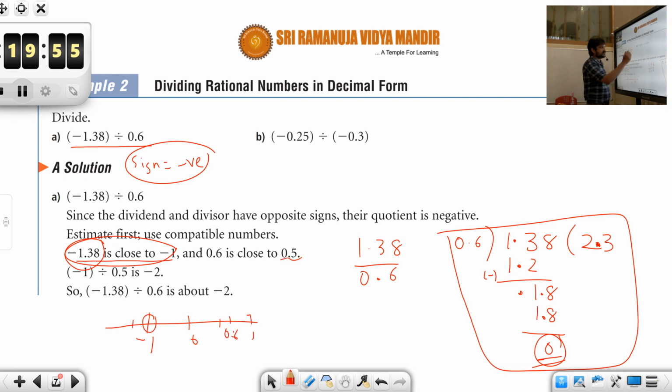So our job is to divide, say, approximately minus 1 divided by 0.5. What is 0.5? That is 1 by 2. If you are trying to divide by 1 by 2, that is minus 1 multiplied with its reciprocal, that is 2. So this is equal to minus 2. So our answer should be somewhere near minus 2.